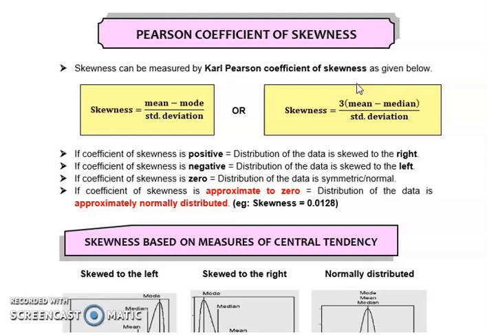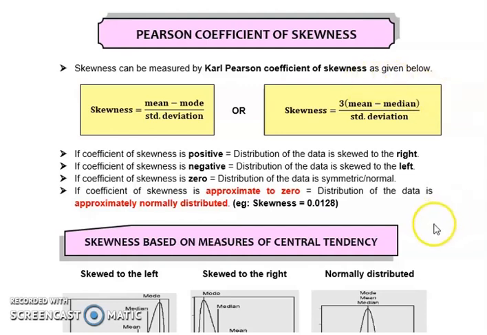However, as I said before, in real life it is very hard to get perfect data. So sometimes we will get a coefficient of skewness, for example, around 0.0128, which is approximately 0. So normally we conclude the distribution is approximately normally distributed. That is based on Pearson coefficient of skewness.